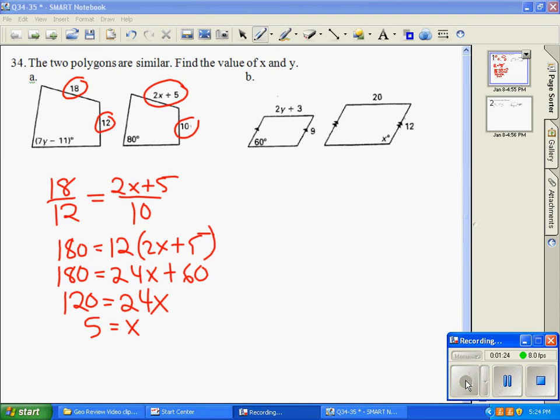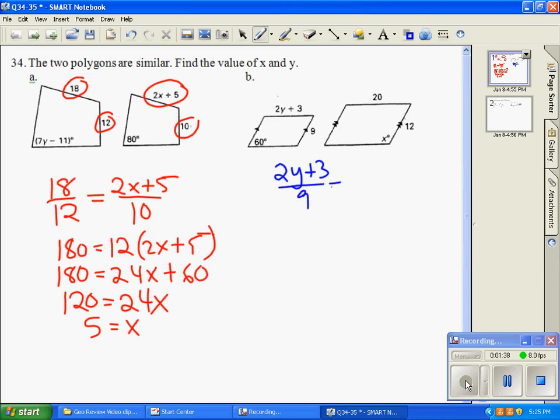Okay, so in part B, again, we set up a proportion for, let's start with the y's this time. So we have 2y plus 3 over 9 equals 20 over 12. So let's cross multiply.